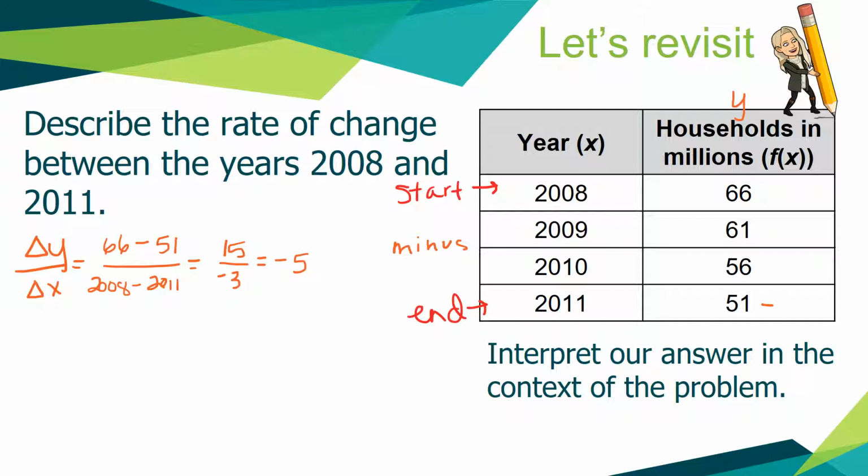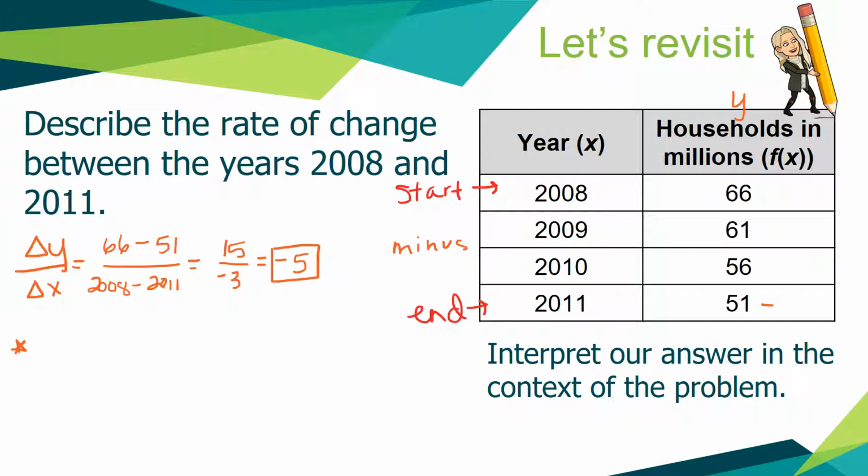So this result that we just got here is the average rate of change between the year 2008 and 2011. The important step, step number 5, is we need to interpret what this means. Interpret what that negative 5 means.